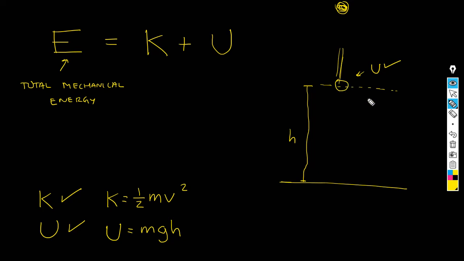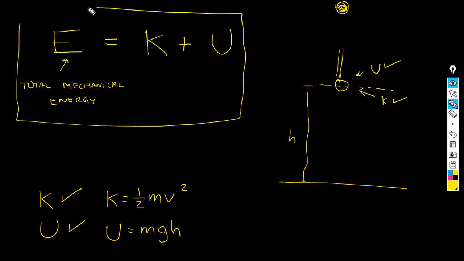It also has velocity, so it also has kinetic energy. The sum of both is known as the total mechanical energy: K plus U, the kinetic energy plus the potential energy of this particle. This is a new definition for us, and you're going to see how this is useful.